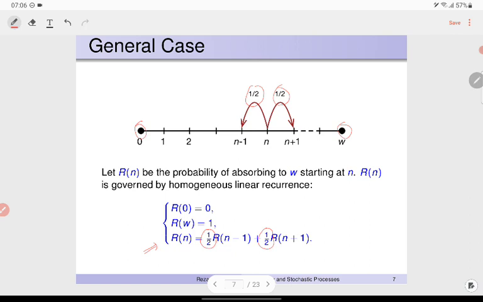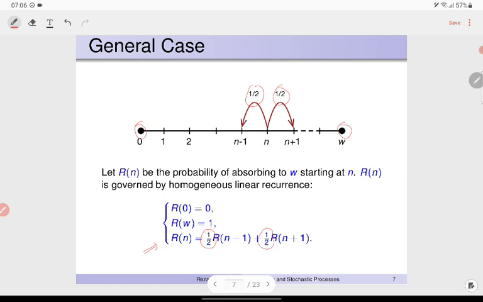But aside from this, we have of course boundary conditions. What are the boundary conditions? Pay attention to this one. R0 is equal to 0 because when we put the object at position 0, then absorbing to W happens with probability 0. Whenever the object hits 0, then the probability of absorbing to W becomes 0.